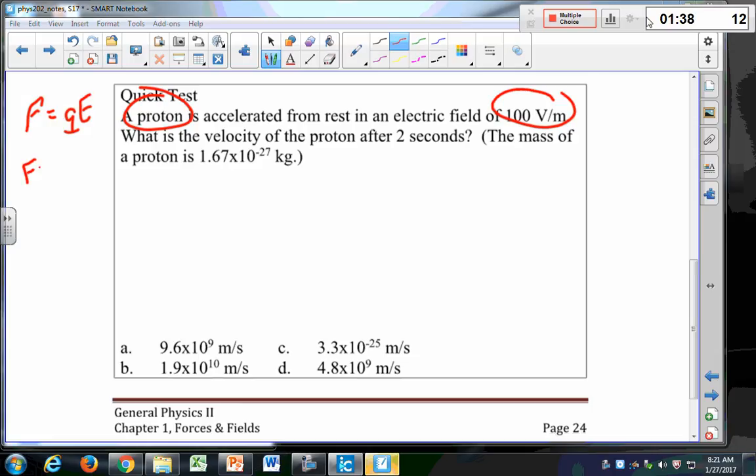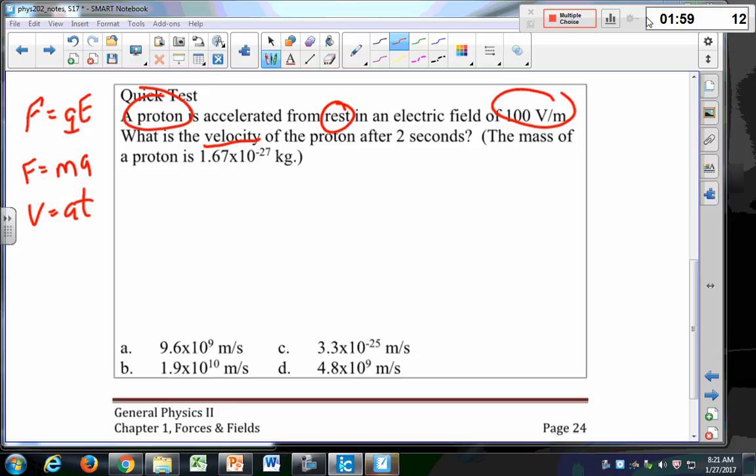And I also know that F equals m times a. So if I have the force and the mass, I can find the acceleration. Then I'm looking for its velocity, so v is equal to a times t. It's initially at rest, so there's no v naught.